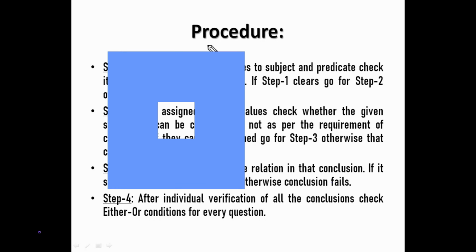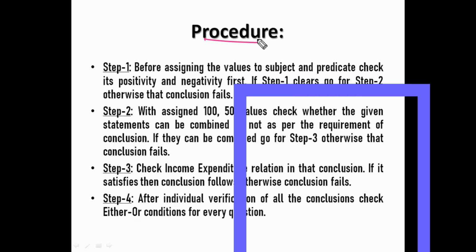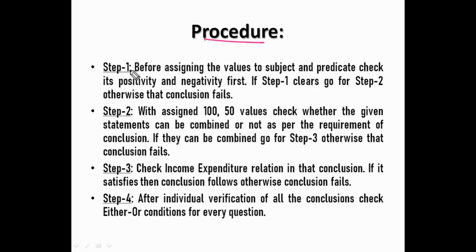Now let us see the procedure. Step 1: before assigning the values to the subject and predicate, check the positivity and negativity first. Based on the nature of statements and the nature of conclusions, we have to verify. If it clears step 1, we go for step 2. Otherwise that conclusion fails.